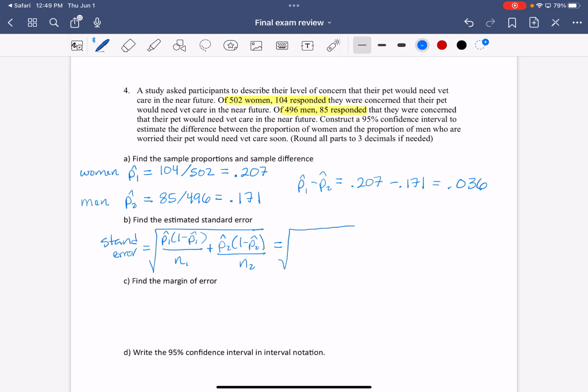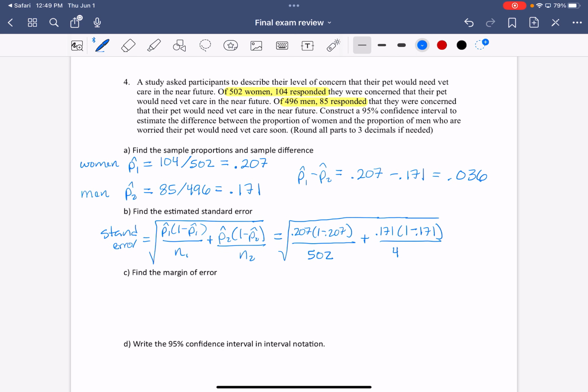So P1 hat is first, that'll be 0.207 times 1 minus 0.207 all over n sub 1. So that's the sample size of the women, which was 502. Plus, then we do it for the men. So P sub 2, that'll be 0.171 times 1 minus 0.171 all over n sub 2, the sample size for the men, which was 496.